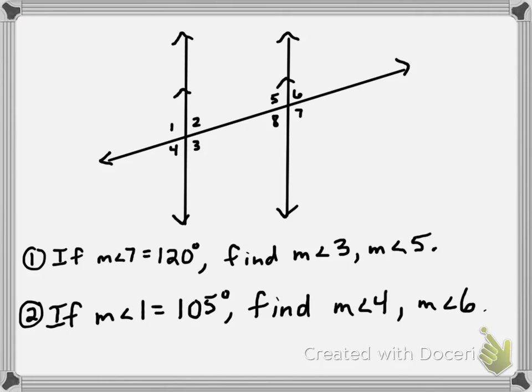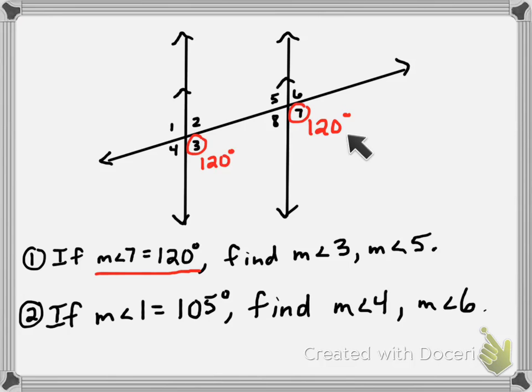All right. So, number 1. First thing is I know that angle 7 is 120. So I'm going to go ahead and put 120 degrees here. All right, I'm looking for angle 3. Well, angle 3 and 7 are corresponding angles. So that means that they're congruent. They're the same. Okay, so angle 3 is also 120 degrees.